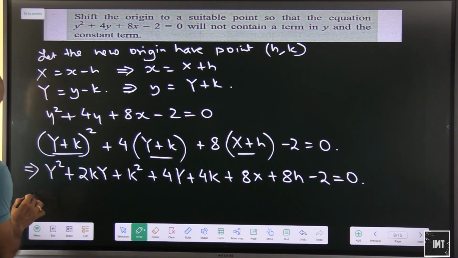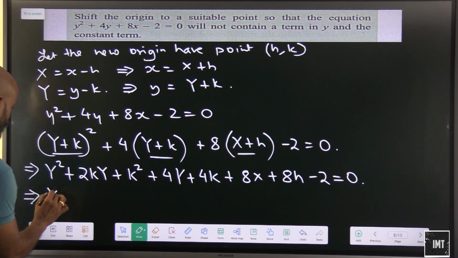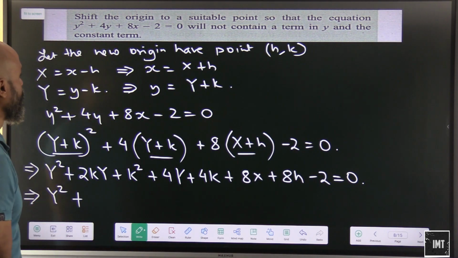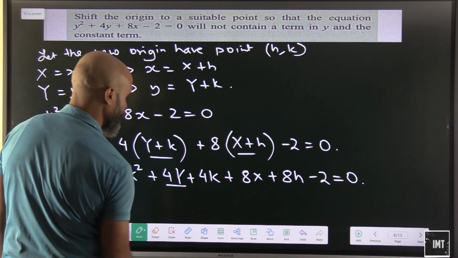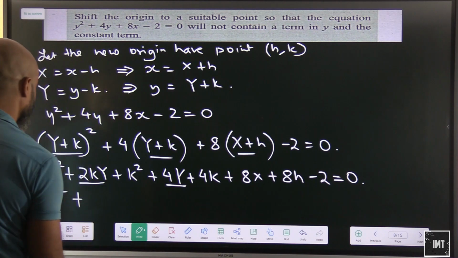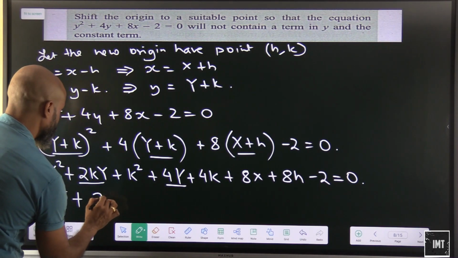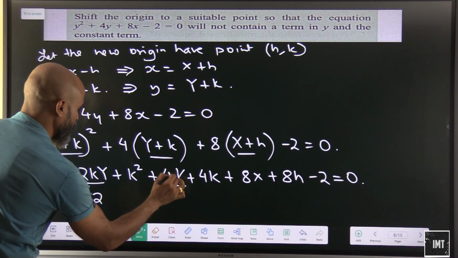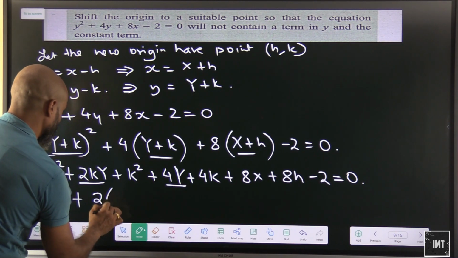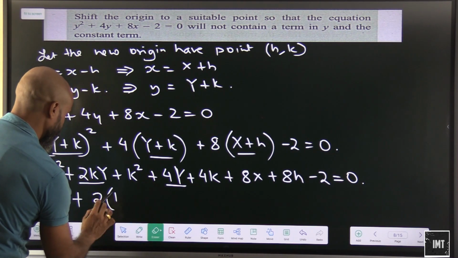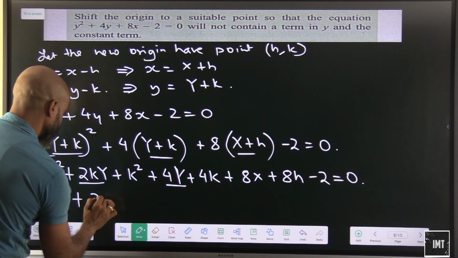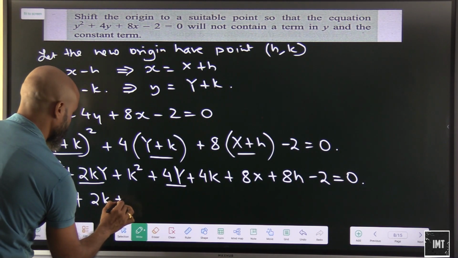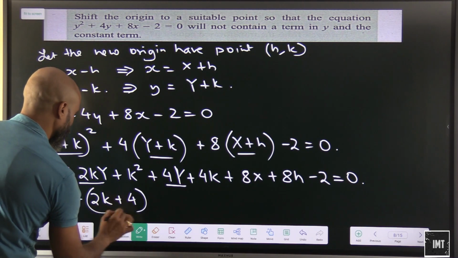If I rearrange this, what are the common terms? Y here, and we have a Y here. If I take Y as common, let's keep it simple, we get 2k plus 4 into Y.